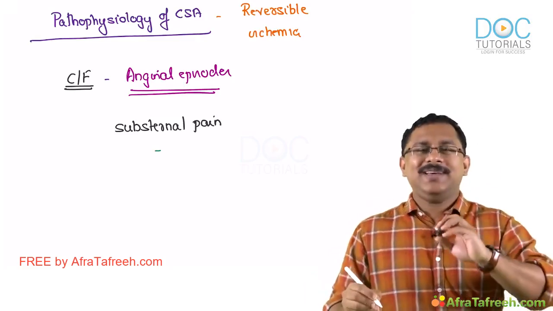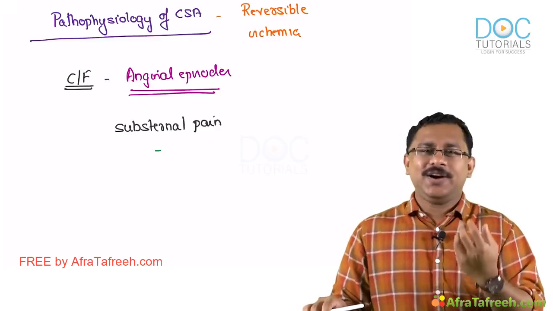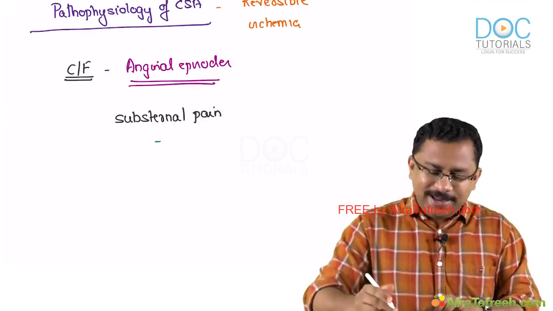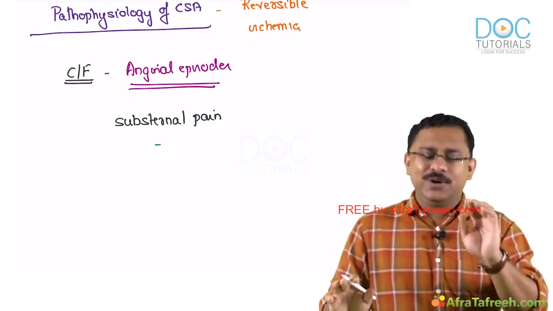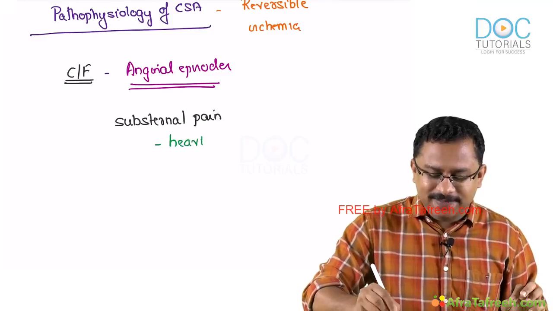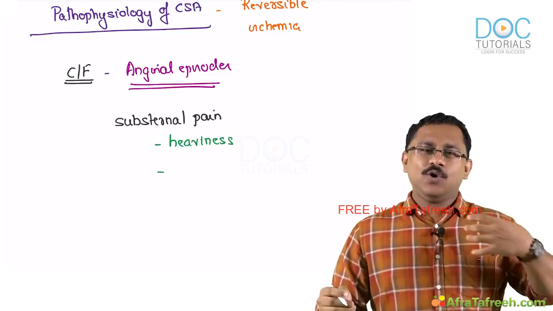This pain is likely to have the following characters, because there are different ways in which patients with anginal episodes describe their pain. Sometimes they would say it is like a heaviness, retrosternally or over the precordium.